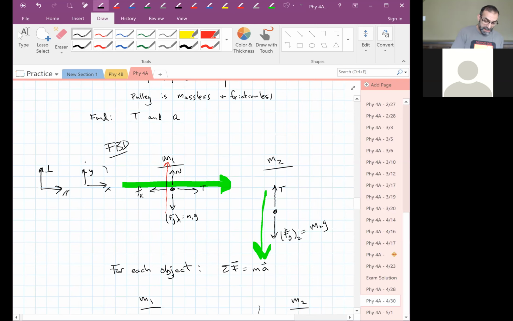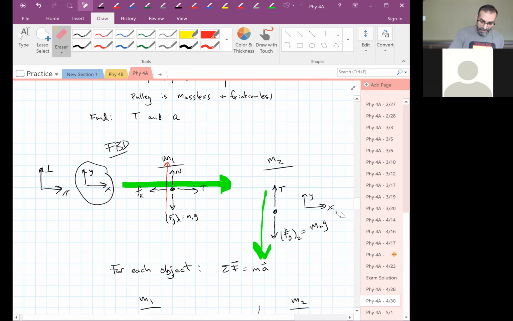If you called it X Y for M1 like this, how would you label the directions for 2? You'd probably stick with X being your horizontal and Y being your vertical, right? And so now you're thinking that these are two different motions. One is moving in the X direction, the other one's moving in the Y direction.